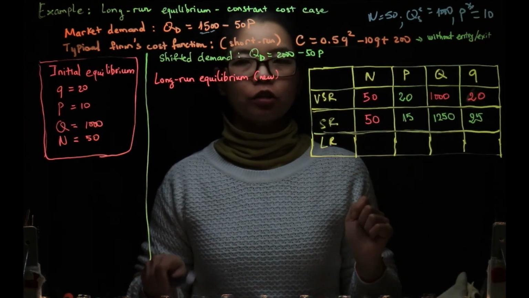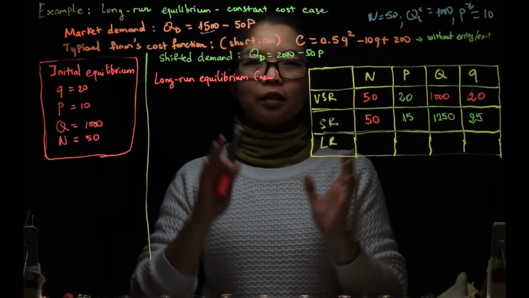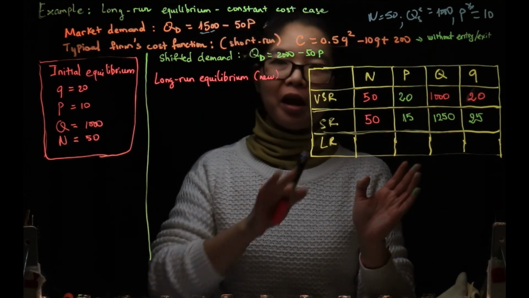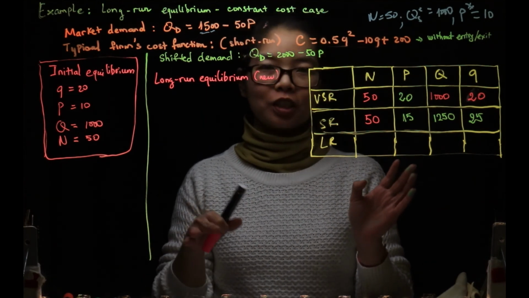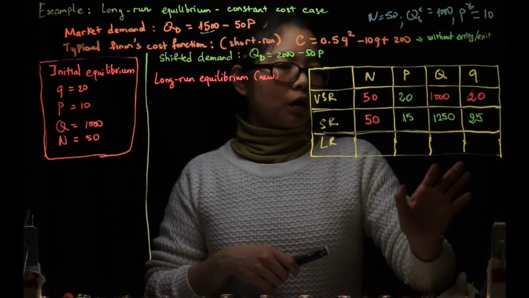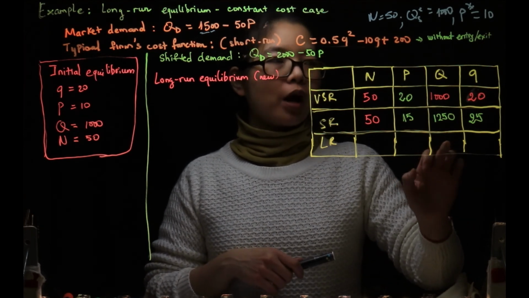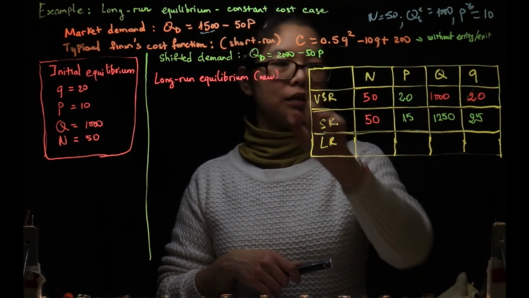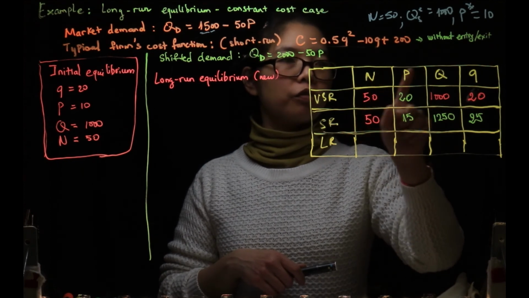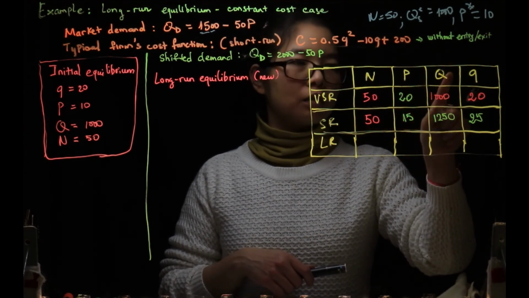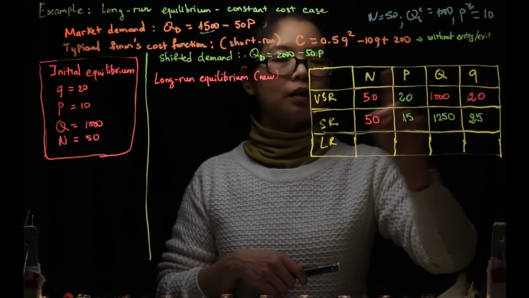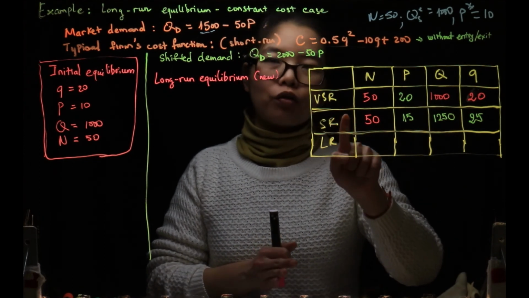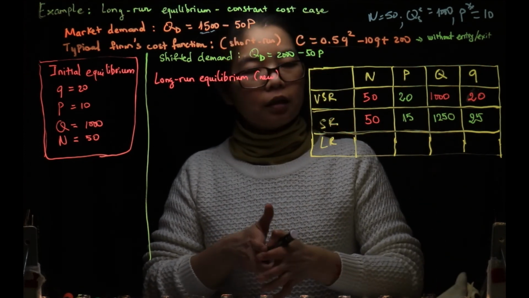Okay, let's continue. So the next is to find the new long run equilibrium after many episodes of adjusting. I have summarized what we have done so far, once the demand shifted to this new demand, in this table. We have number of firms, new price, industry supply, firm supply for very short run, like immediately, short run, and long run.